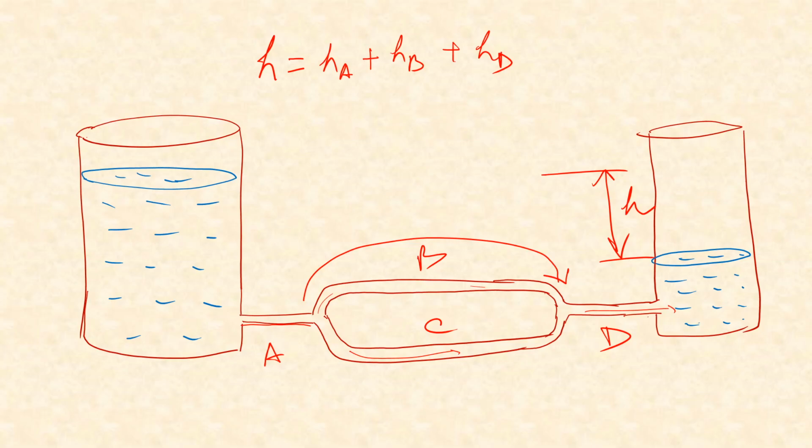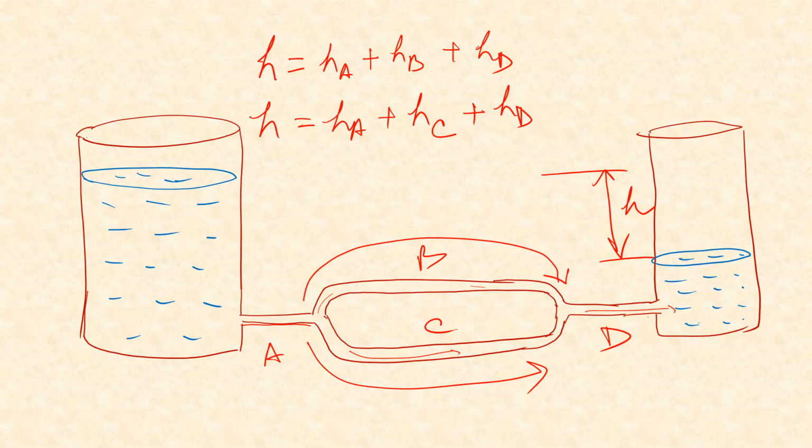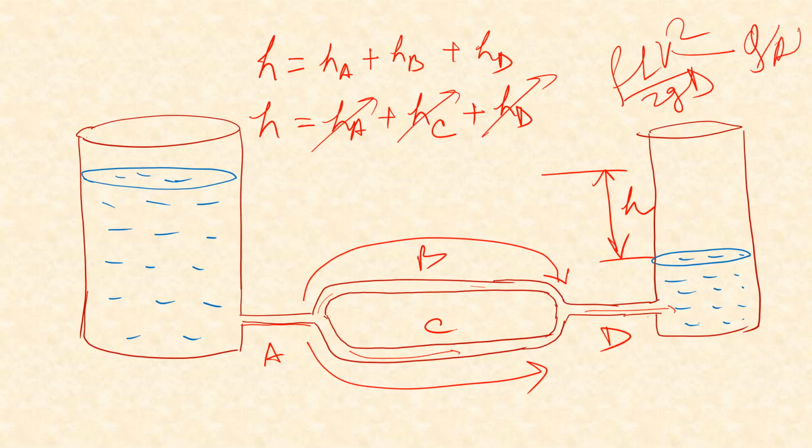Now we can also write another equation where we follow this path, then also H will be equal to HA plus HC plus HD, and then we have two equations, and using that we can, by replacing them with the actual formulas, that is f L V squared by 2gD, and V will be replaced with Q by A and so on.